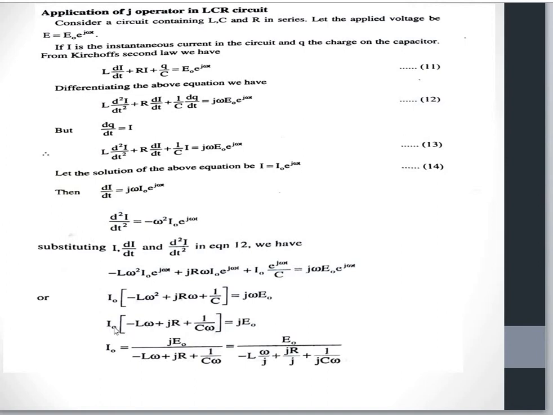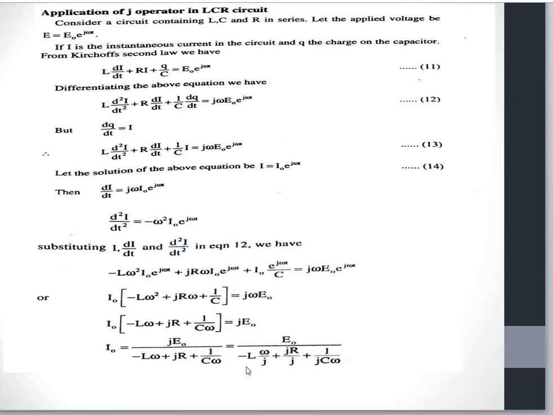So I0 into minus L omega plus jR plus 1 by C omega is equal to j into E0, as omega is cancelled from all terms. We get an expression for I0 by dividing throughout by these terms. So I0 is equal to j E0 divided by minus L omega plus j into R plus 1 by C omega.